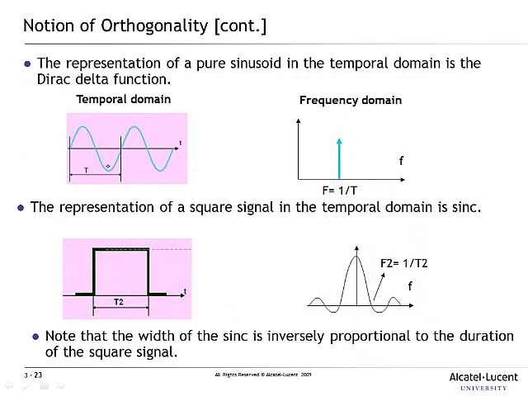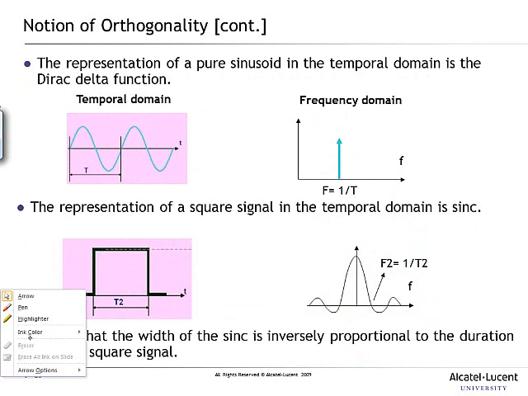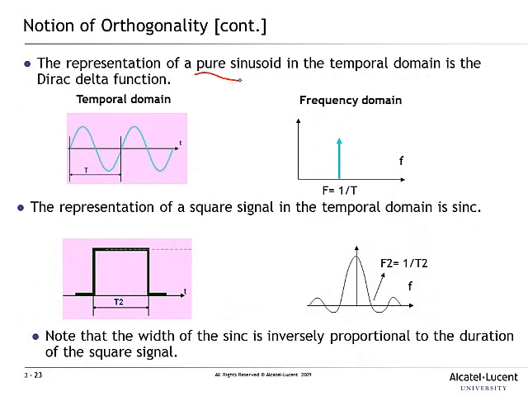If you have a pure sinusoid, now this will only happen with an infinite pure sinusoid. If you have a pure sinusoidal wave, that in the time domain corresponds to a sine wave, in the frequency domain it corresponds to something called a Dirac delta function, or a delta function.